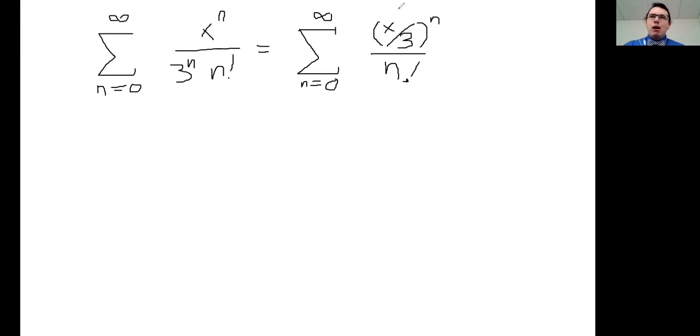Okay, well, now that I've written this as some quantity to the power n divided by n factorial, that's the formula for my summands, and I'm adding all of these up starting at n equals 0 and going to infinity. Well, ordinarily this would give me the Maclaurin series for the exponential function, only here I've divided x by 3. So this will be the Maclaurin series for the function e to the power x over 3.